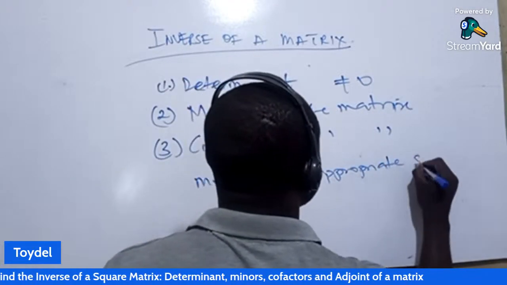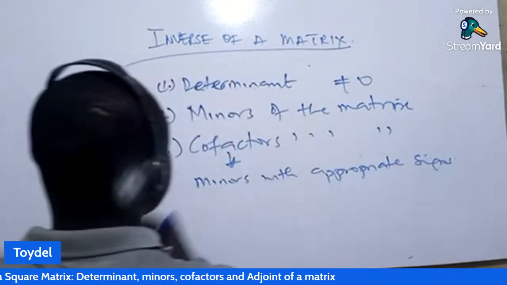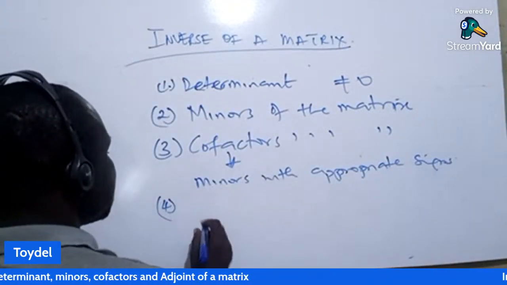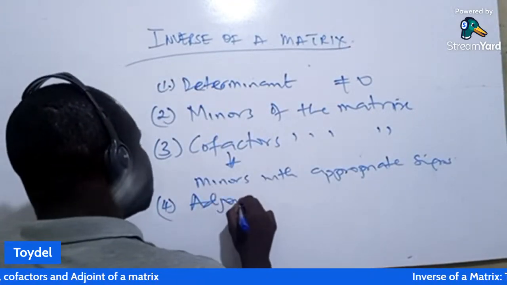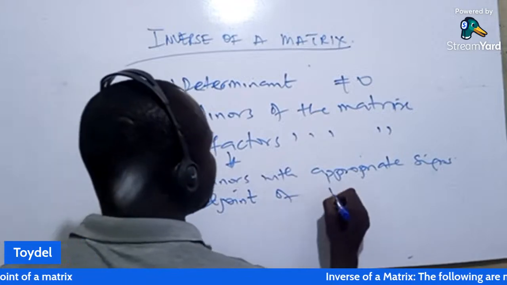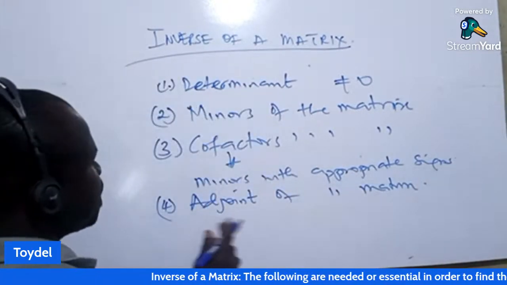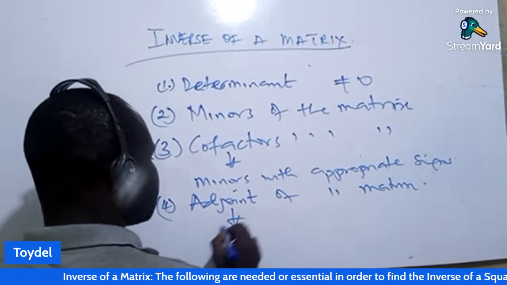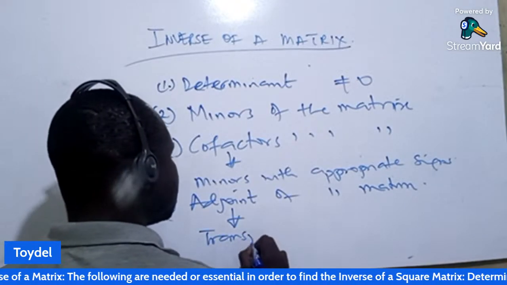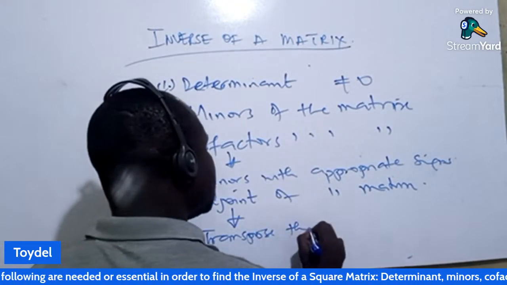Then the next step is to find the adjoint of the matrix. The adjoint of a matrix simply means that we transpose the cofactors.